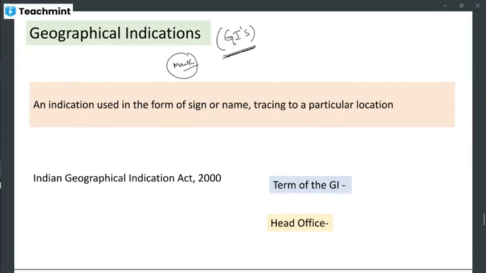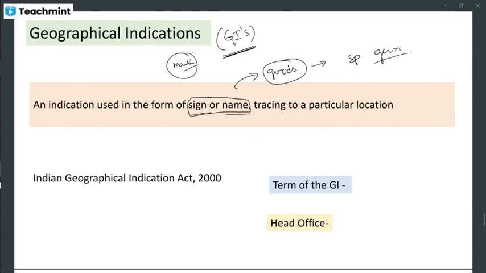It is an indication, which might be in the form of a name, sign, or symbol, used on certain types of goods so that they have a specific geographical origin.